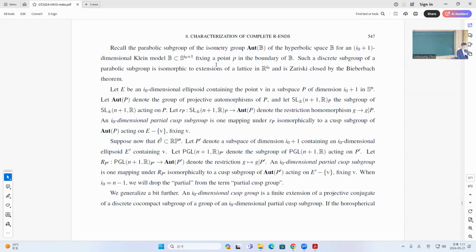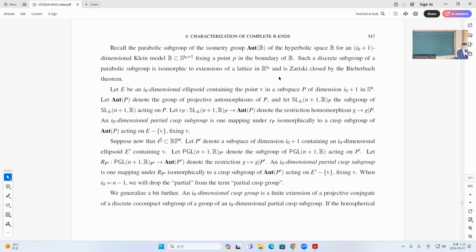And we record the parabolic group of isometries of the hyperbolic plane, say of the i plus 1 dimensional Klein model, fixing a point. So in this SO(n,1) situation, the parabolic groups are just going to be the cusp groups.